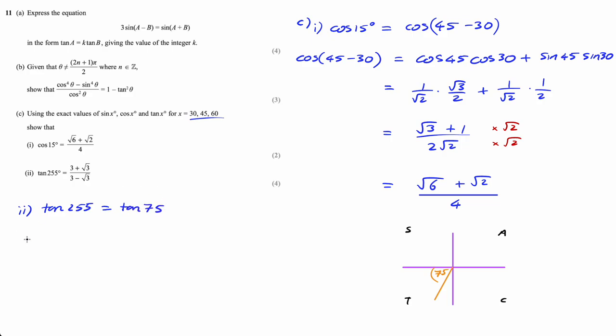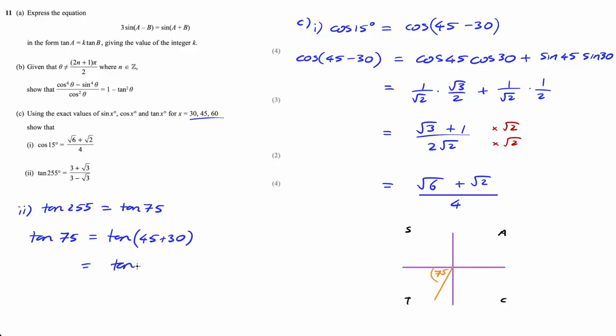Okay, so now I can just do tan 75, which is equal to tan 45 plus 30, which is nicer, well, nicer two angles that I can just add using the addition formula.